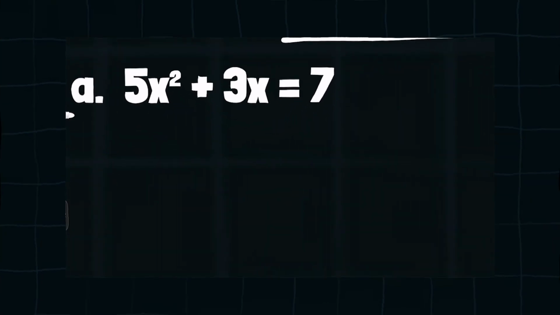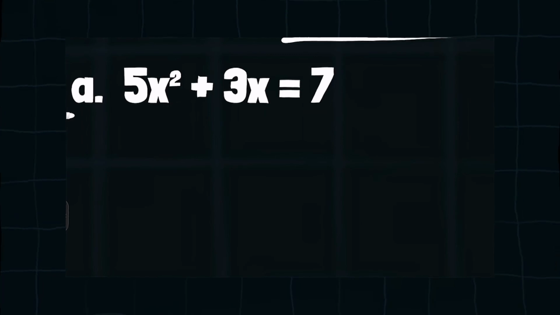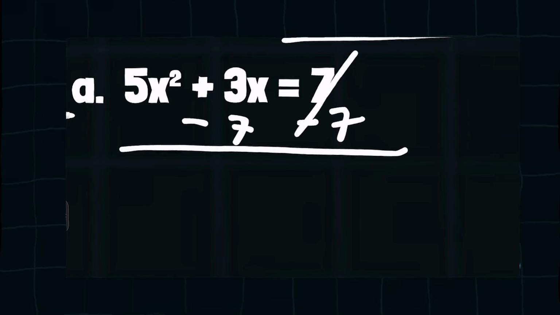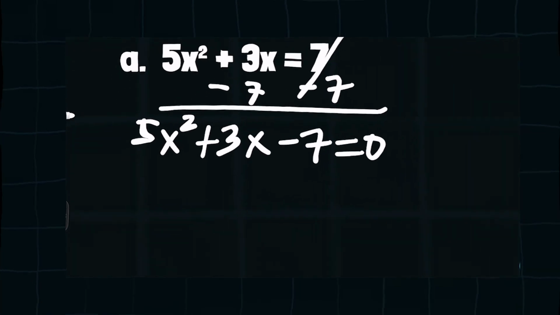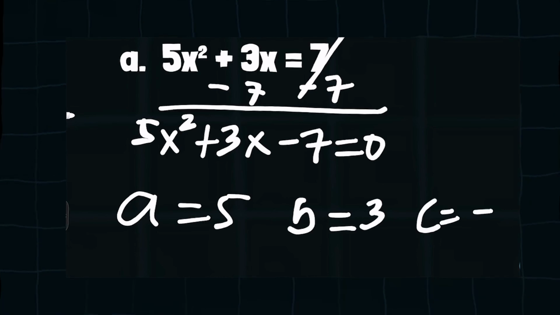Given the first equation, 5x² + 3x = 7. To make it standard form, you have to subtract 7 from both sides to eliminate 7 on the right-hand side of our equation. Finally, we have 5x² + 3x − 7 = 0, where a is equal to 5, b is 3, and c equals −7. There you have it.